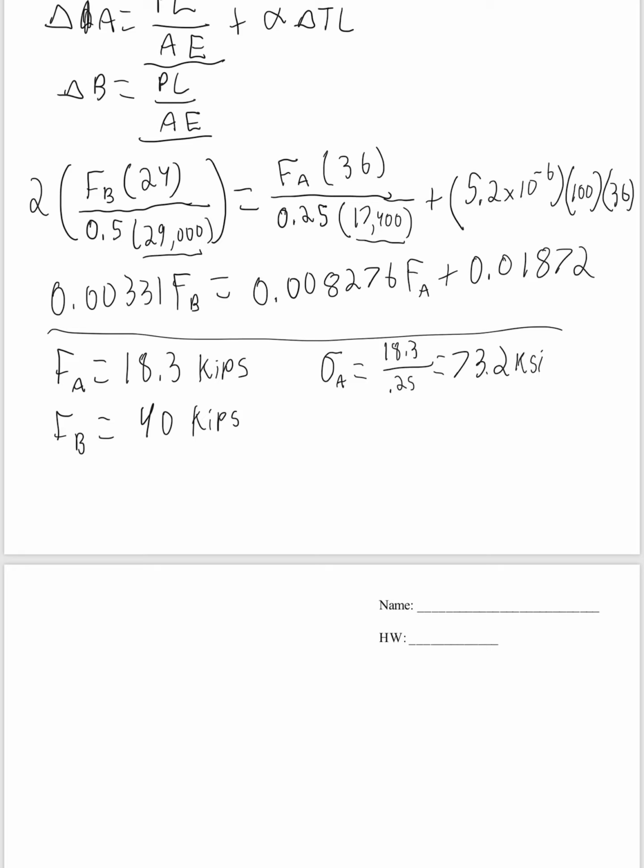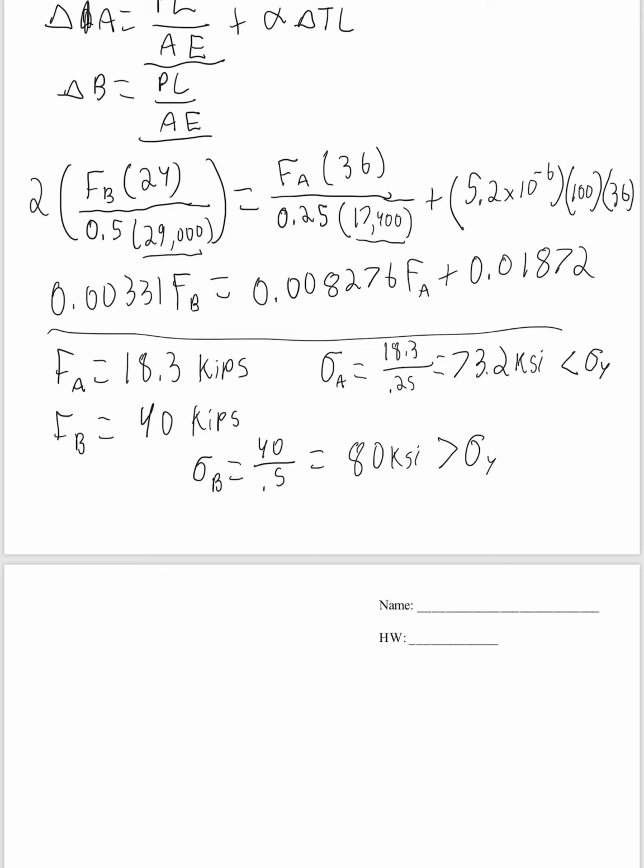That material yields at 134 KSI, so that is less than the yielding stress. For B, stress in B, 40 over the area of 0.5 gives us 80 KSI. That material yields at 36. Therefore, that is greater than the yield stress.